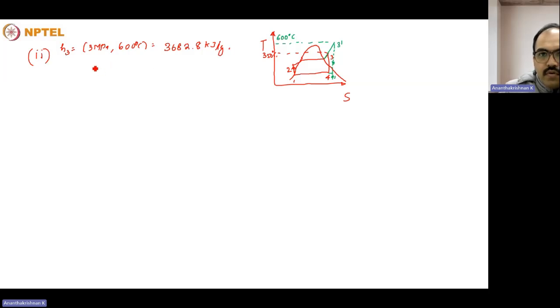In order to calculate the state point 4, we need to calculate the entropy, isentropic turbine. So S3 will be at the state point is superheated condition 7.51 kilojoule per kilogram Kelvin. So S3 will be equal to S4. S3 dash will be equal to S4 dash. This is dash isentropic turbine.